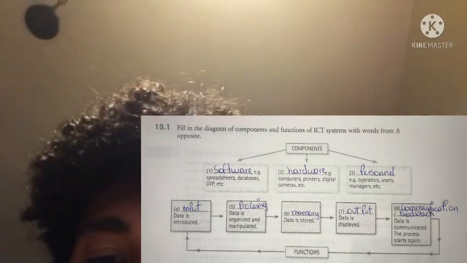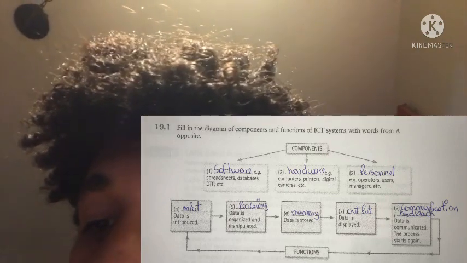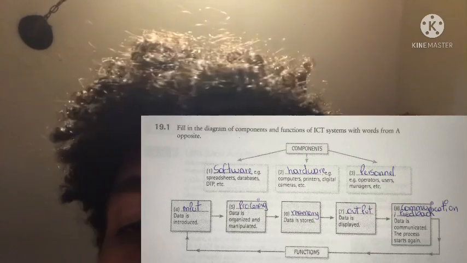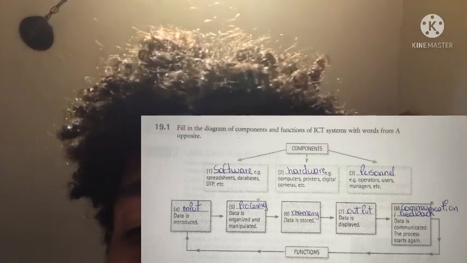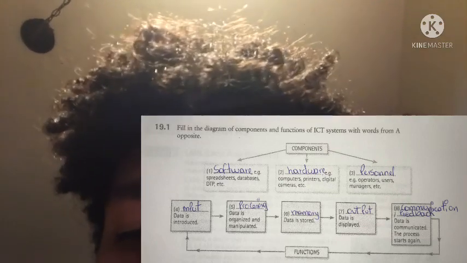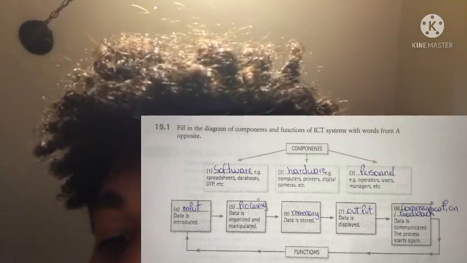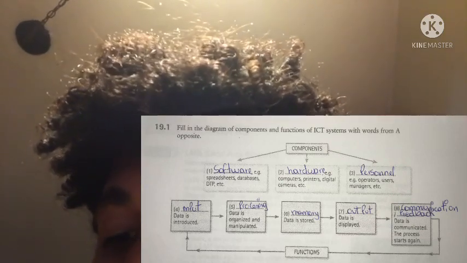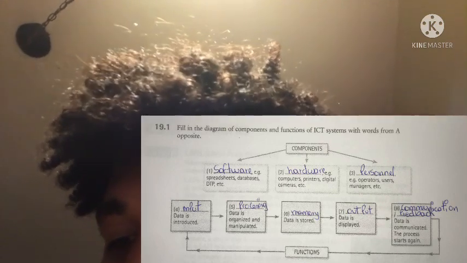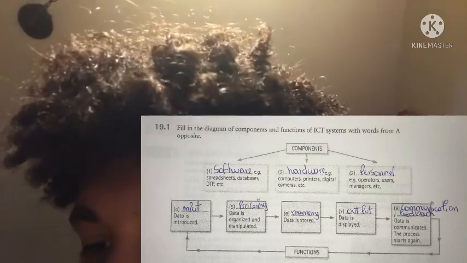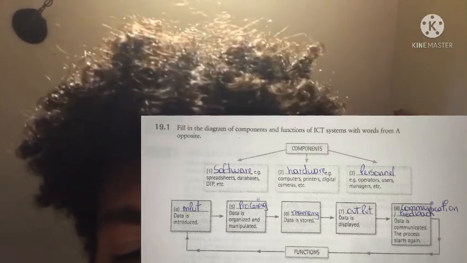Exercises 19.1. Fill in the diagram of components and functions of ICT systems with words from A opposite. Components: 1. Software, for example, spreadsheets, databases, DTP, etc. 2. Hardware, for example, computers, printers, digital cameras, etc. 3. Personnel, for example, operators, users, managers, etc. 4.